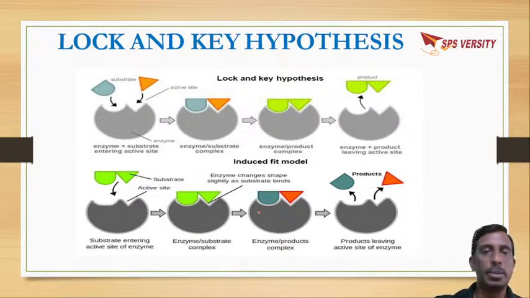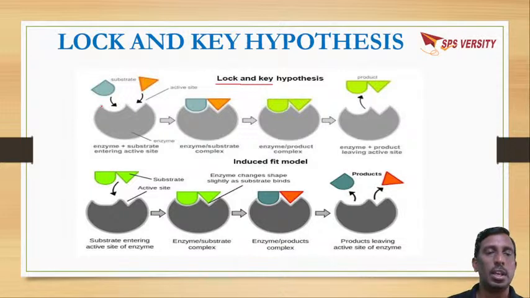Lock and key means just like a lock, for every lock there will be a specific key. When the specific key is introduced to the lock, it will open. So here, for every enzyme there will be a specific substrate.